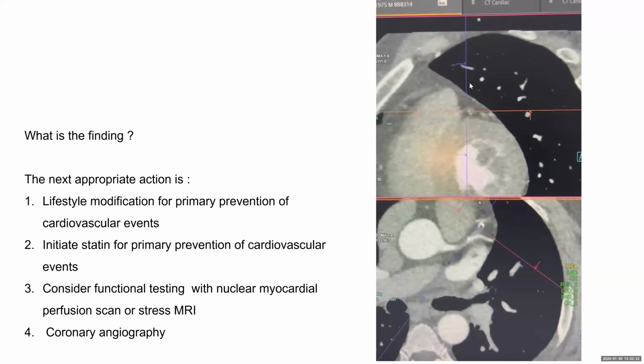Now, why didn't we choose number 3? So good.